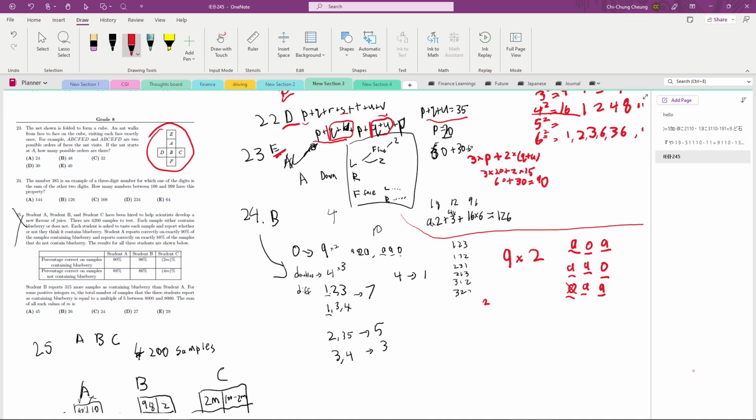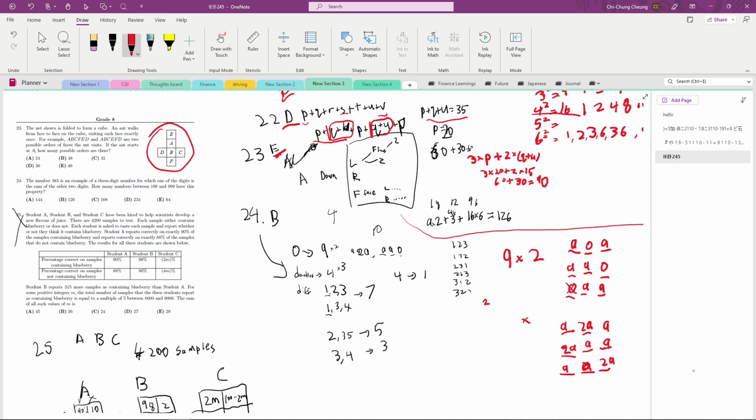Let's call the singular digit a. So it's going to be a to a, sorry, to a, to a, or a to a, right?